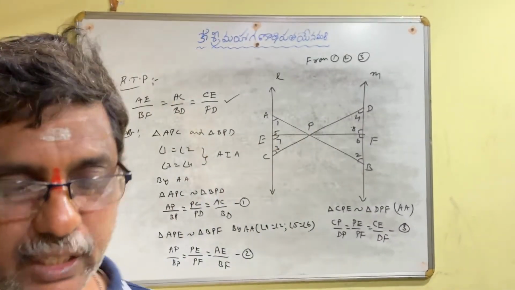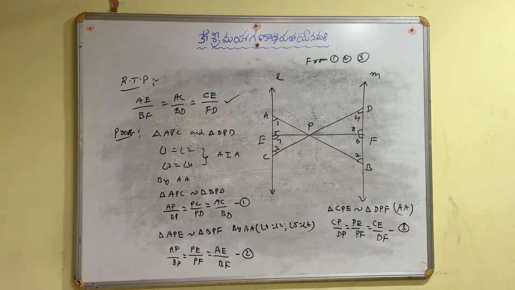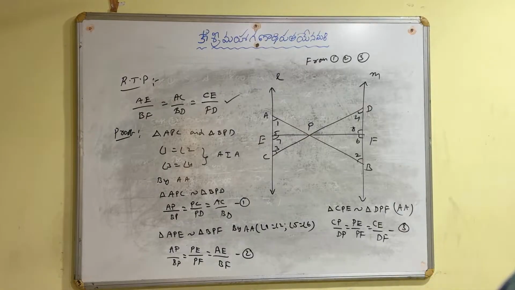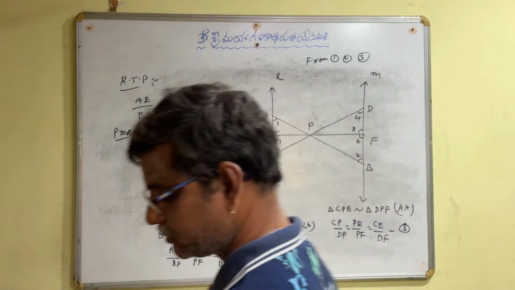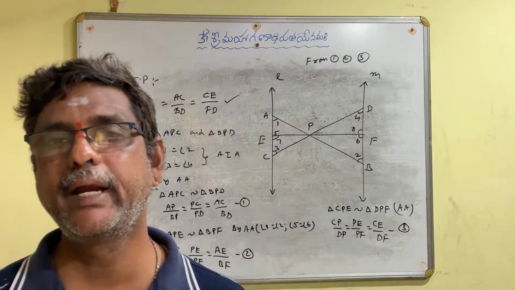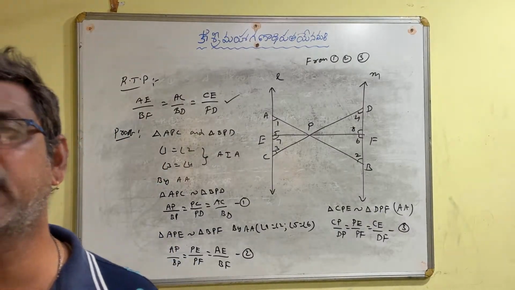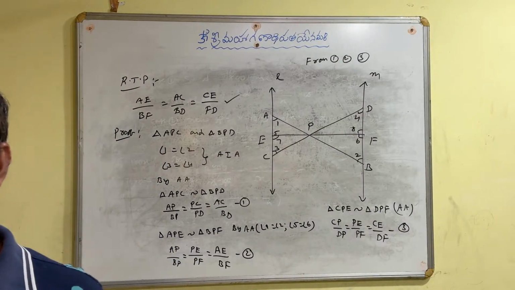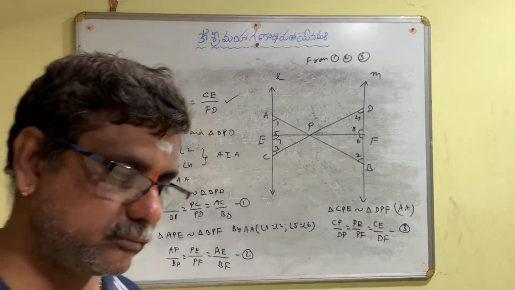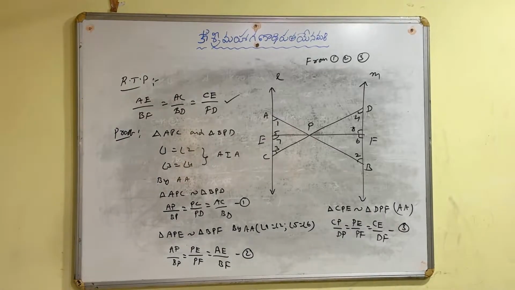You can take the screenshot for this one also. You just need to prove 3 pairs of triangles are similar, then write the ratios, then from 1 to 3, the answer. Okay?